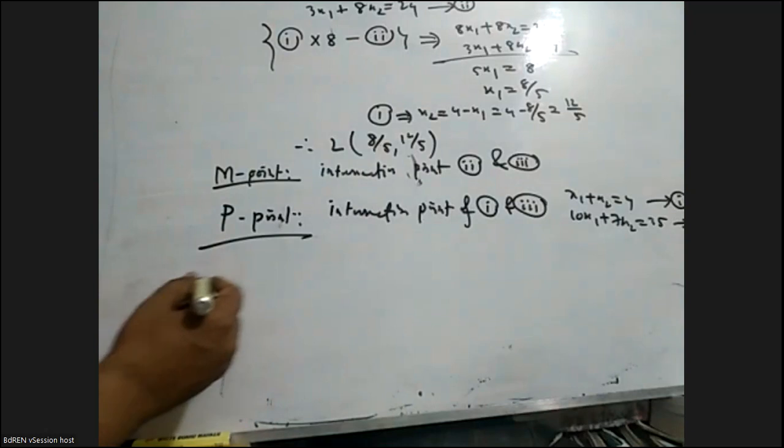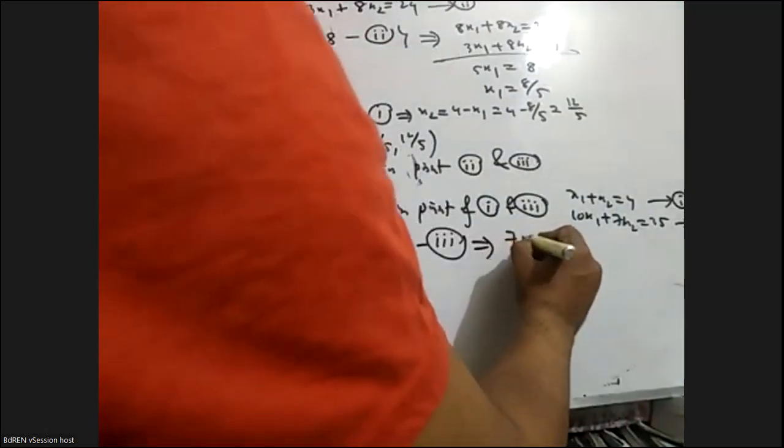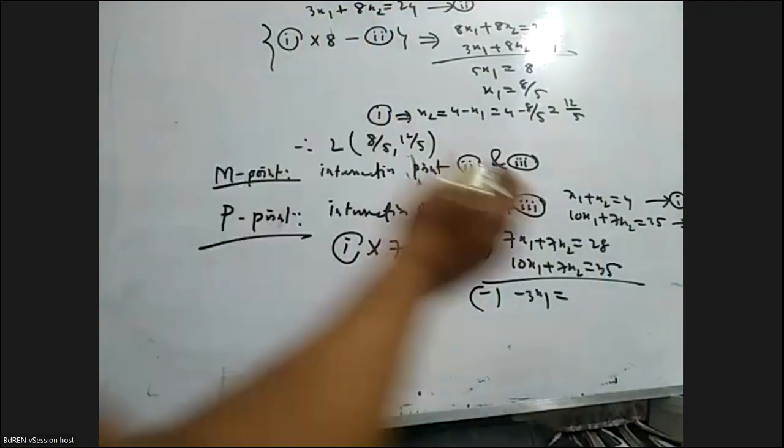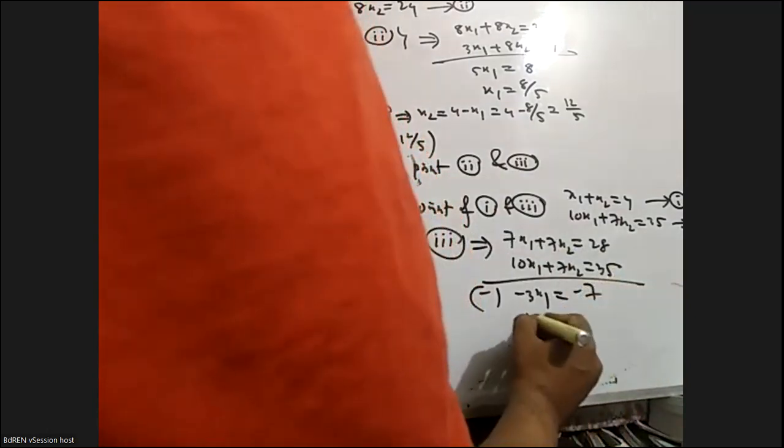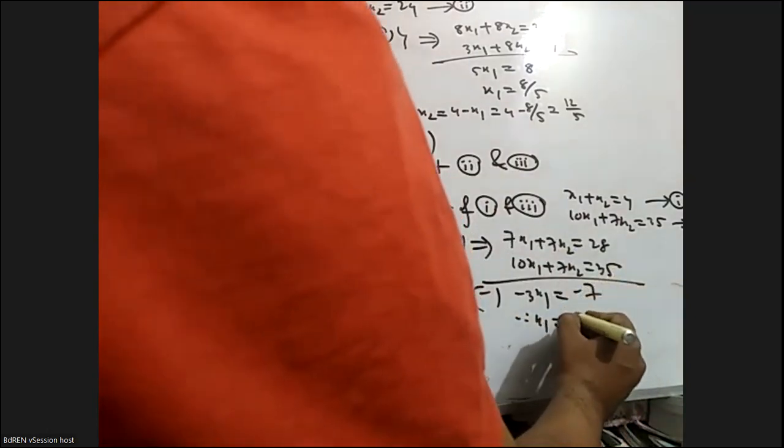Multiplying equation 1 by 7 and subtracting equation 3. So we get 7x1 plus 7x2 equals 28, and 10x1 plus 7x2 equals 35. Subtracting, we get minus 3x1 equals minus 7. Therefore, x1 equals 7 by 3.